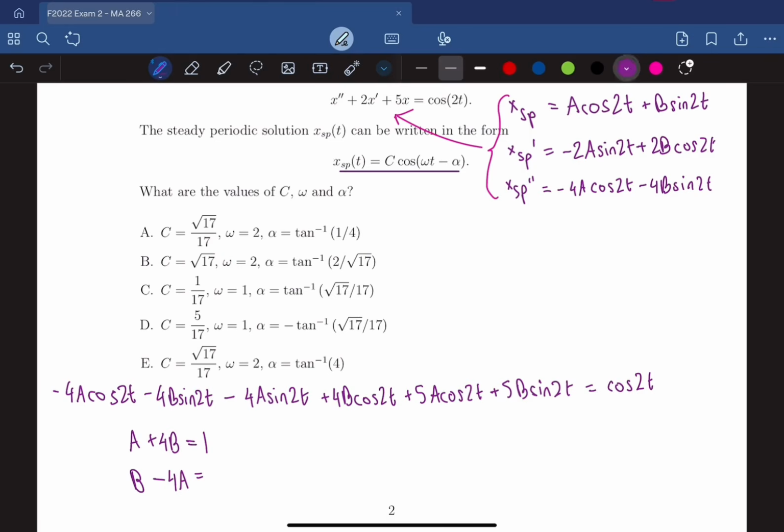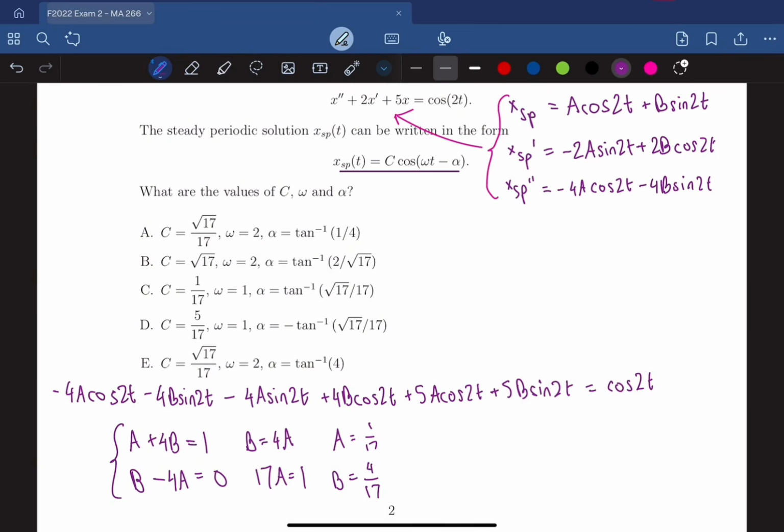And so we just solve this easy little system here. We get b equals 4a, and then we can substitute that into the top equation and get 17a equals 1. Then we find that a equals 1 over 17, b equals 4 over 17.